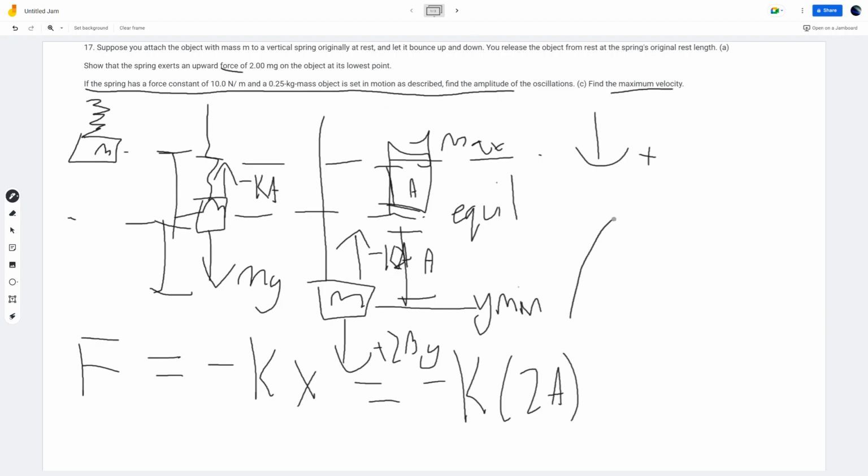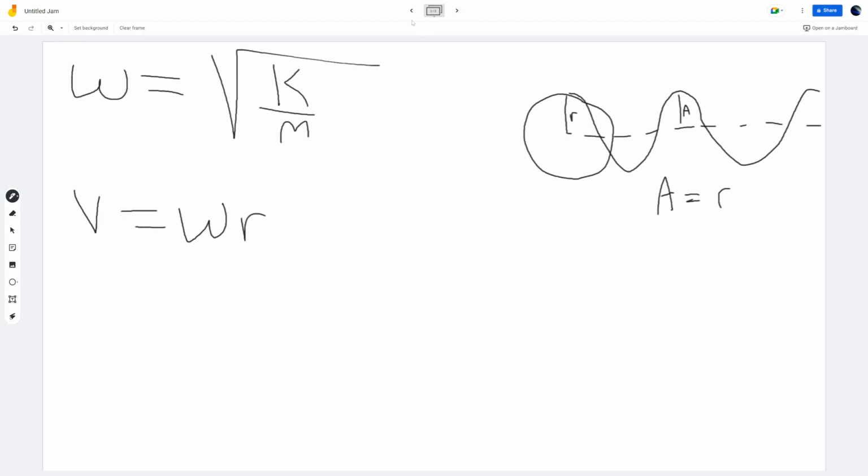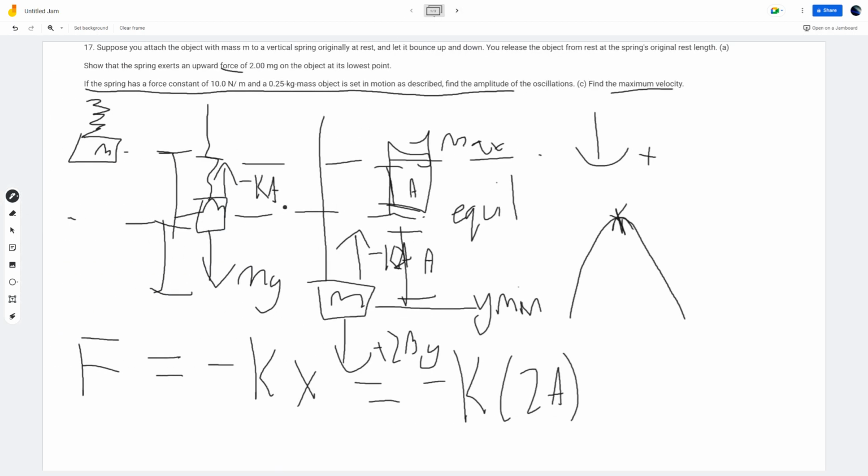So the velocity will look like this, and we want it before the velocity starts slowing down, right? So we want to find the maximum velocity, which is that point. To find that, we know it's going to be at the equilibrium position, where it has fallen a distance of A or gone up a distance A from the y minimum.